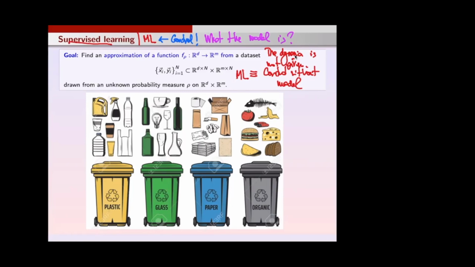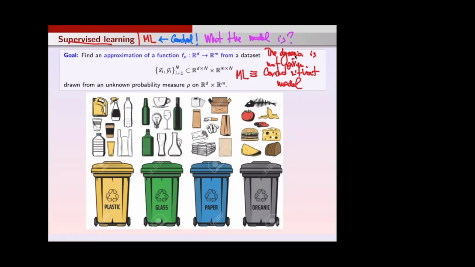This is supervised learning. Here I have 8 items in each of 4 categories, so more or less 32 items. And then I can supervise, I can teach the computer.